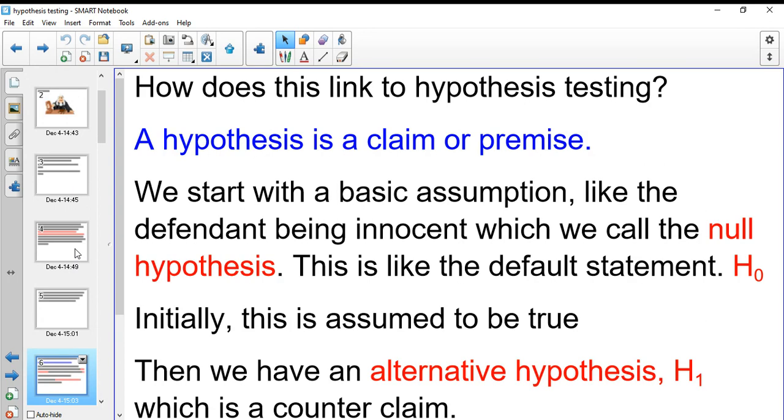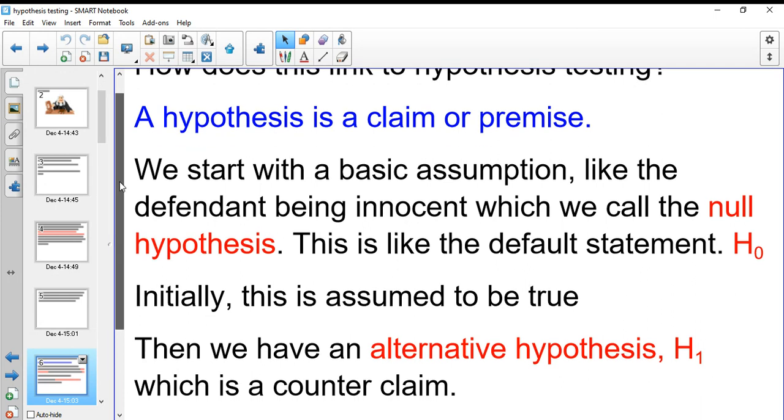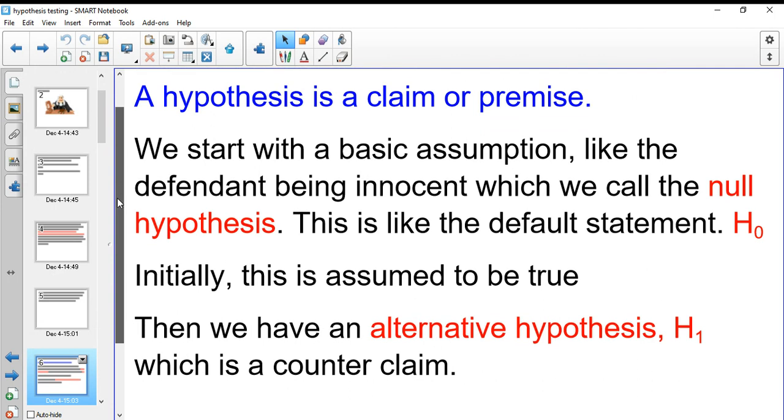So, how does this link to hypothesis testing, and what is the terminology? A hypothesis is just another word for a claim or a premise or a statement that we believe to be true. We start off with what we call the basic assumption, and we call that the null hypothesis.